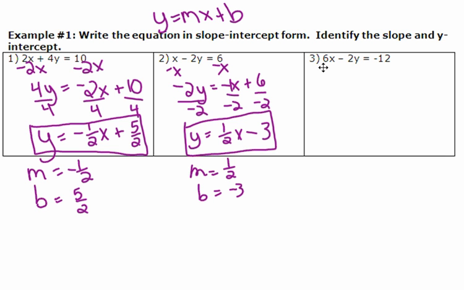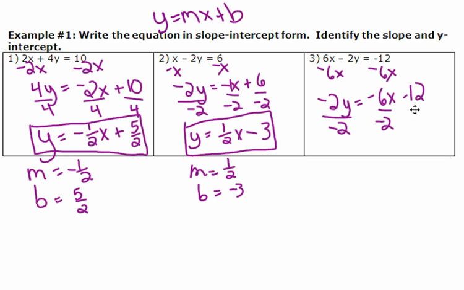So one more. First step, I'm going to minus 6x. So I want to move it to the other side. We always do opposites. So I have negative 2y equals negative 6x minus 12. Now to solve for y, I'm going to divide by negative 2.